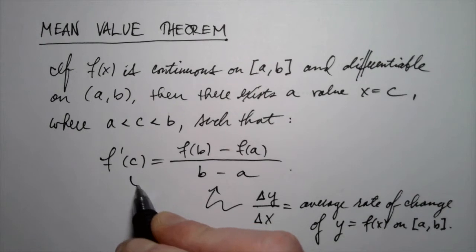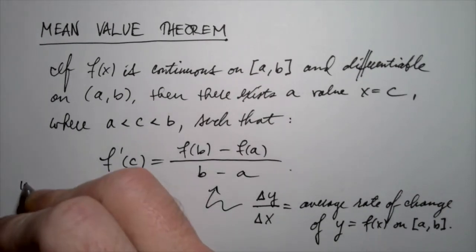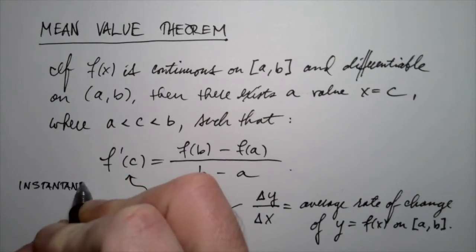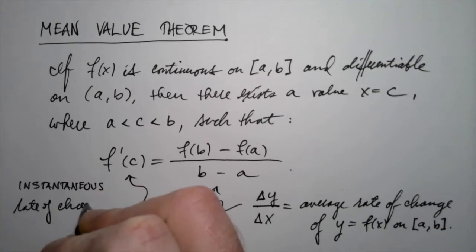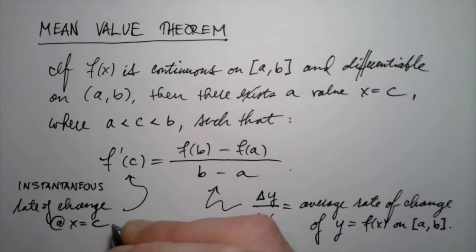What's the left-hand side? F prime of c. Well, that's the derivative. That's the instantaneous rate of change at this particular point, x equals c. So what's the theorem saying?